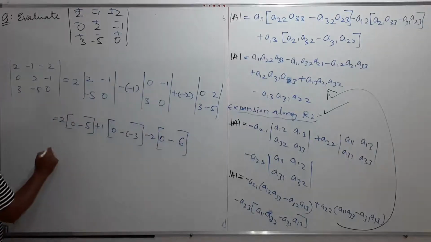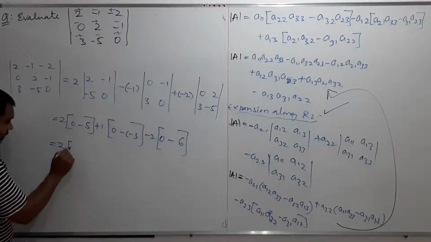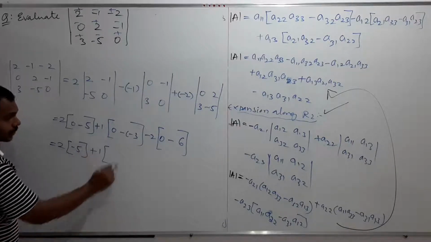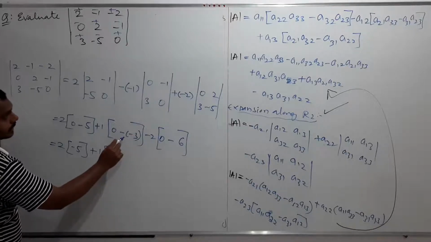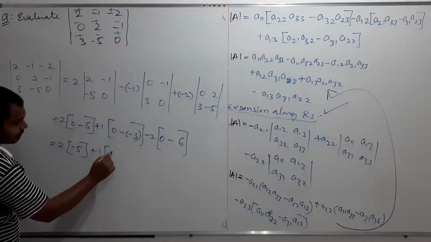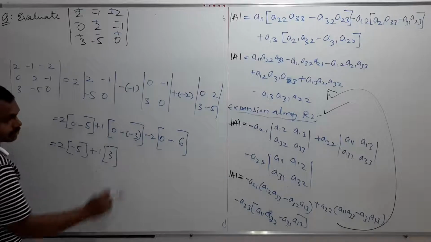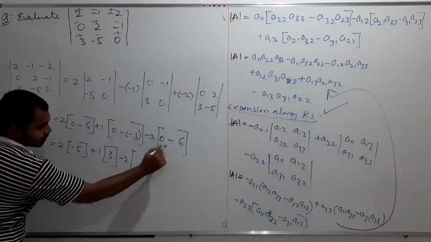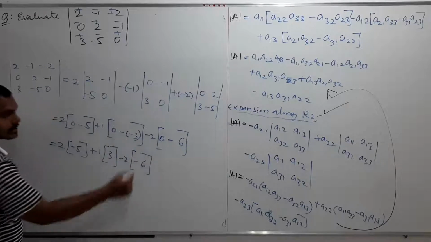Clear? Now further simplify this. 2 into 0 minus 5 is minus 5 plus 1 into minus, here it is, minus minus plus 3, minus into minus is plus 3 as it is. Next minus 2, 0 minus 6 is minus 6.